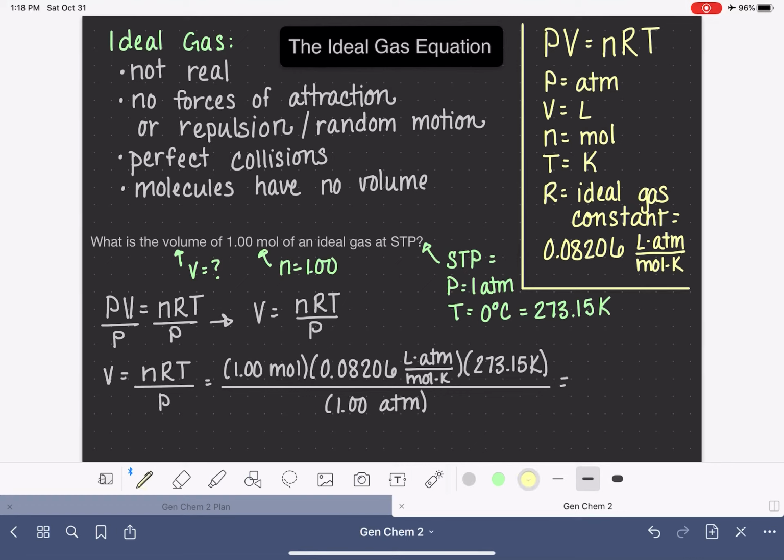And when we work all of this out, we get 22.4 liters. Let's actually take a look at how the units cancel in this equation. Moles cancel each other out, Kelvin cancels out, atmospheres cancel out, and we're left with liters.